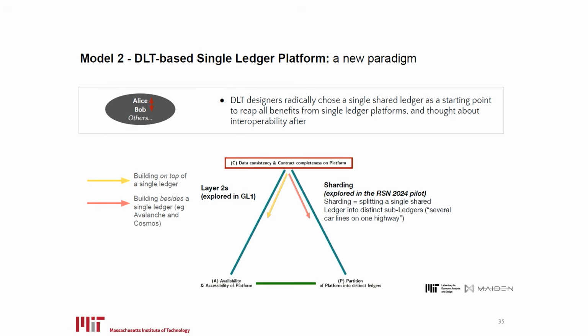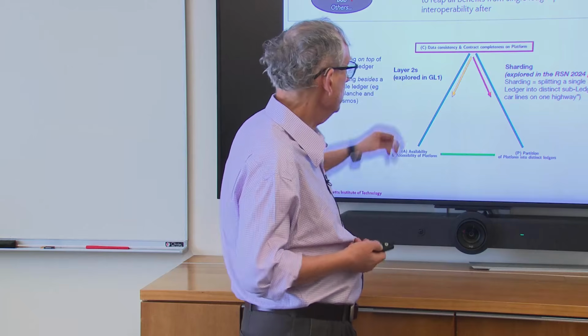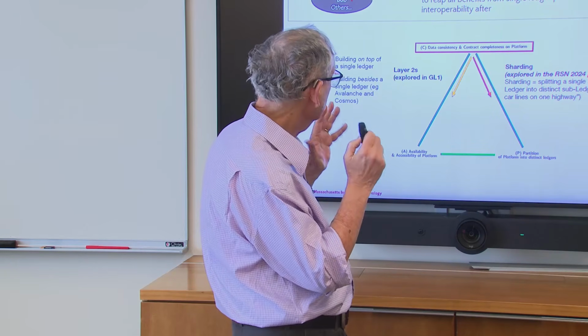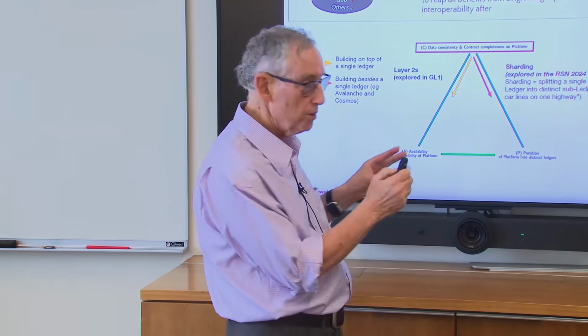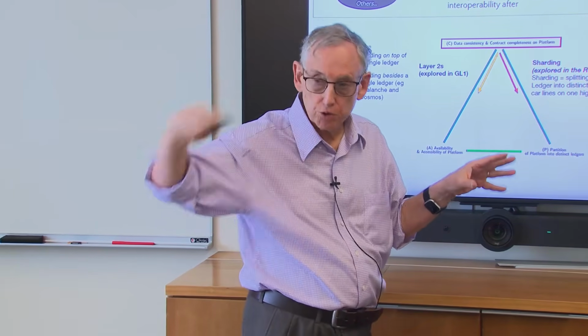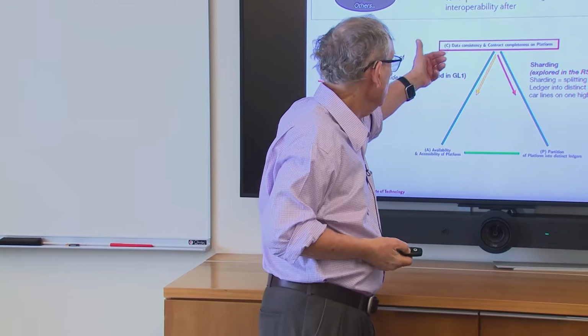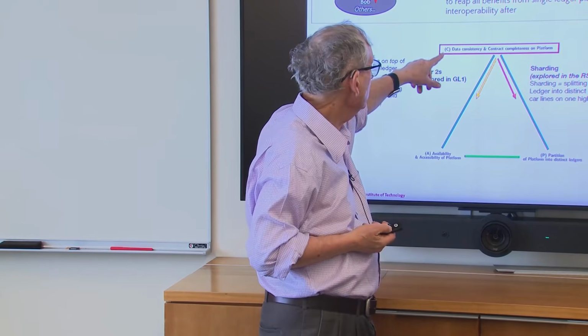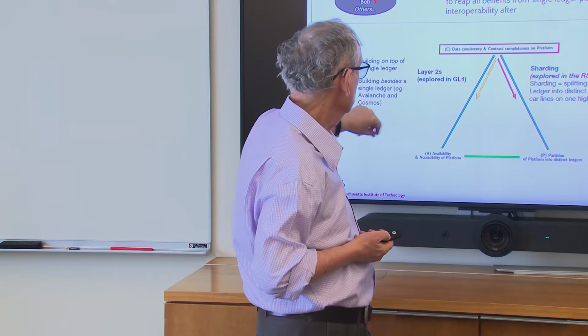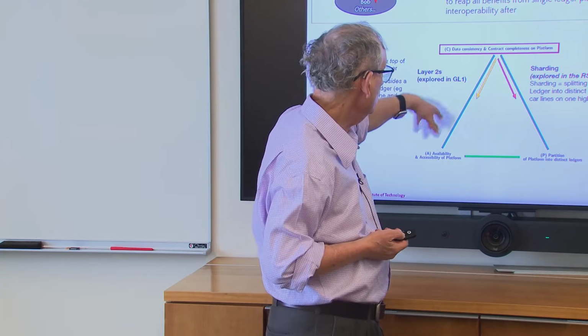Well, now, if we start at the top with consistency, so there is one common, consistent, distributed ledger, common but distributed. But people have realized with congestion and other things that sometimes you have to choose.